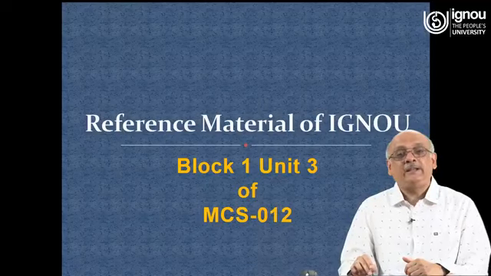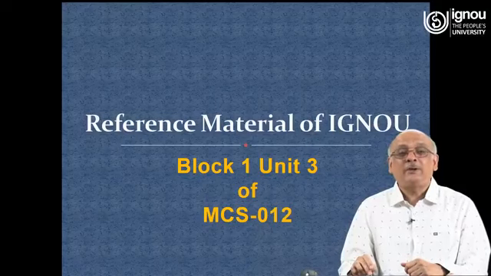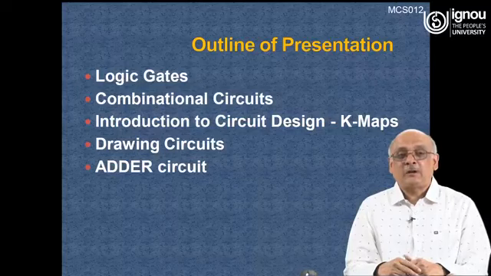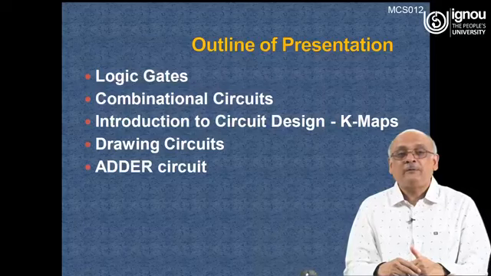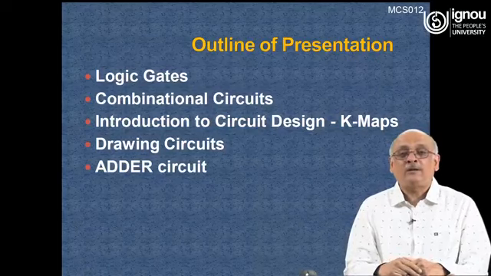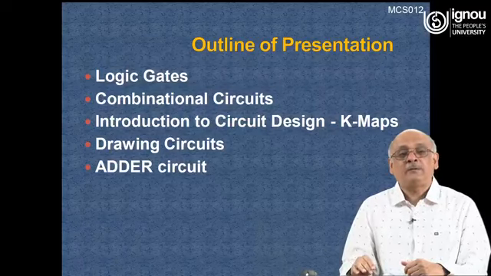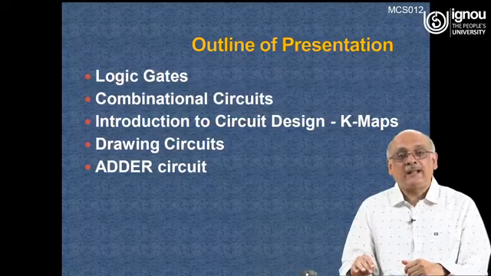In addition, in this block, we have referred to many textbooks, so you can refer to those textbooks also in addition to this. The basic outline is that we will be discussing logic gates, then why we need combinational circuits, then an introduction to circuit design using a typical technique called Karnaugh's map, which we have mentioned as K-map, and then we will go on to drawing the circuits, and finally we will discuss one of the most important circuits, that is called an adder circuit.